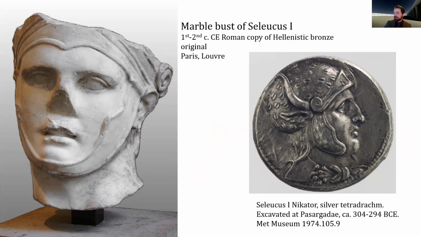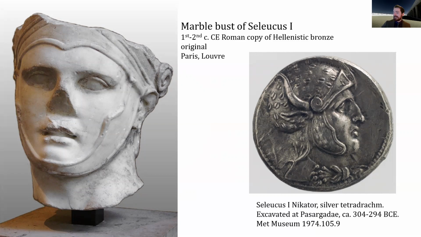Now, a really interesting fact is that this coin here was given in a trade from the British Museum to the Metropolitan Museum in New York, because the Metropolitan Museum financially backed an excavation at Tepe Nushejan in Iran. So this coin had already been excavated at Pasargadae, and the British Museum gave it to the Met Museum as part of a thanks for giving us funding for another excavation that we did.